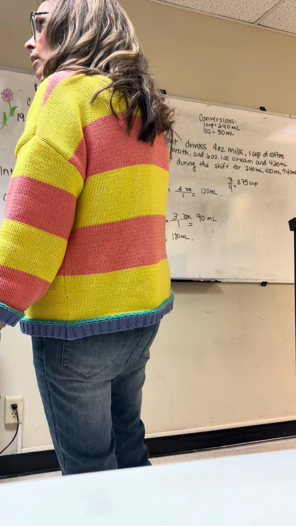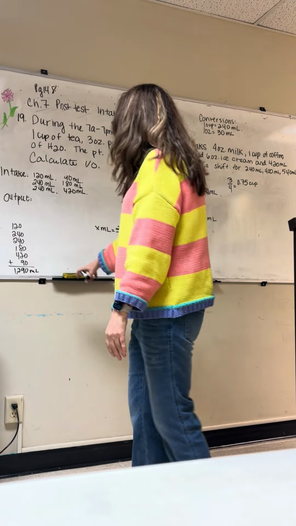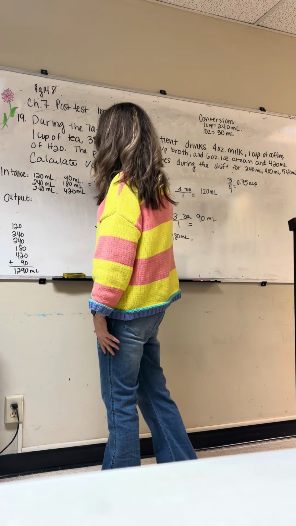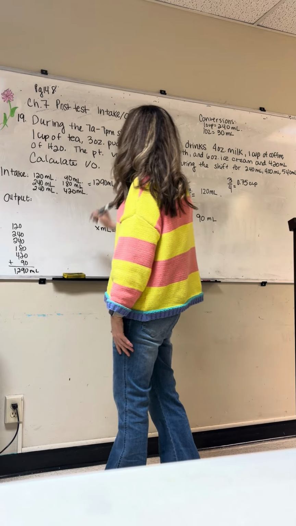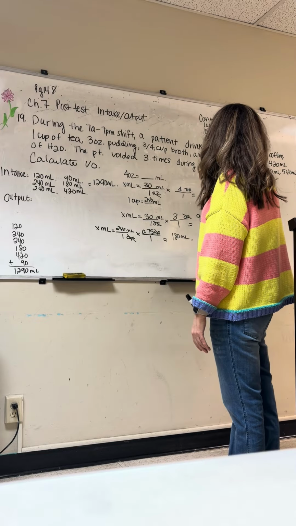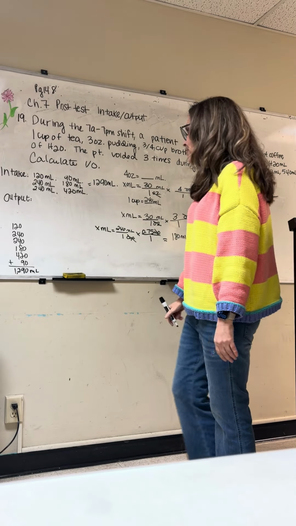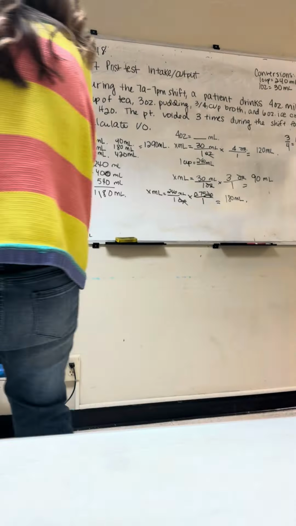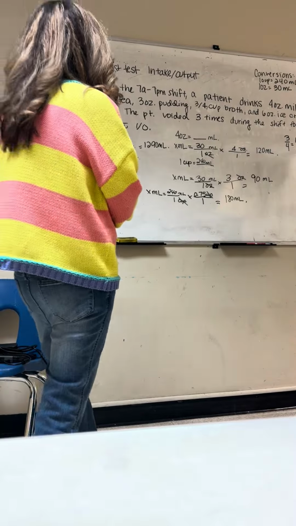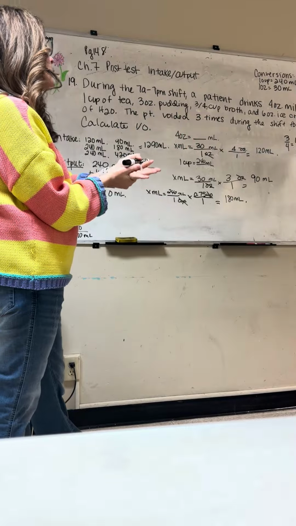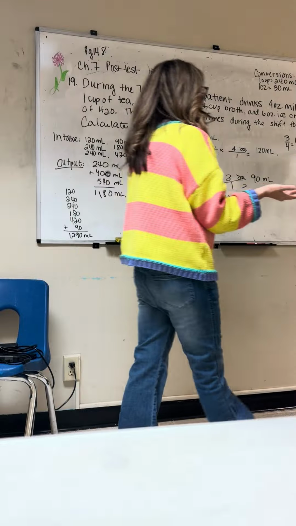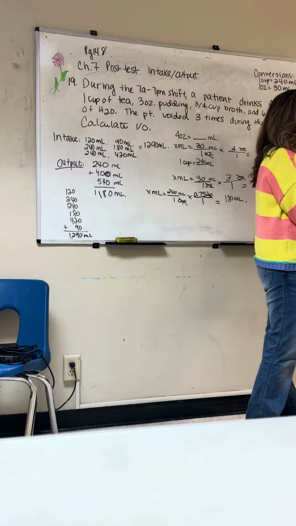Okay, so your intake is gonna equal 1290. Output is we're gonna figure that out much easier. So now that we found our intake of 1290, now let's find your output, a total. So luckily everything's in milliliters, it usually is.